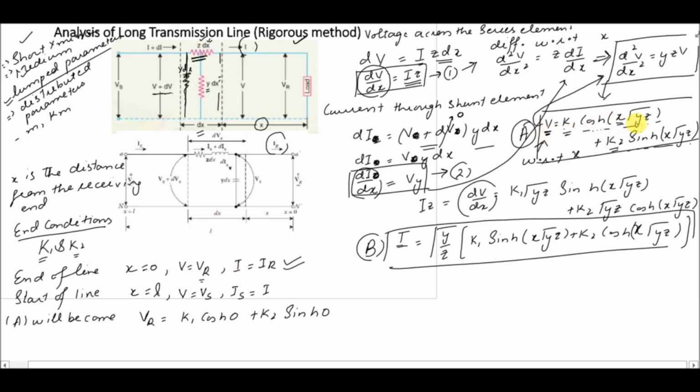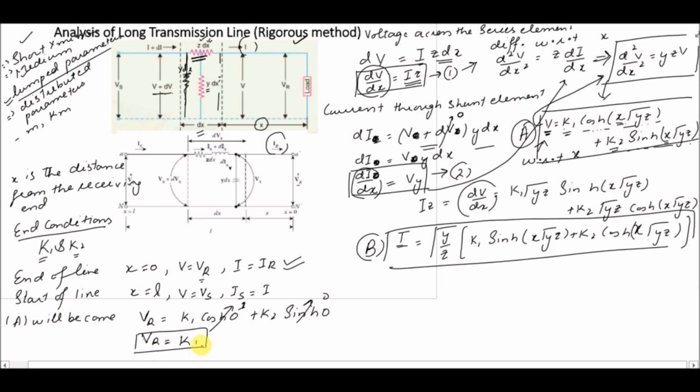Here x is equal to 0, so cosh 0 and sinh 0 are the terms with K1 and K2, and this is equal to 1 and this is equal to 0. So we have our first value, VR, that is equal to the constant K1.